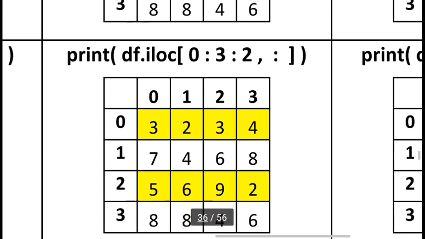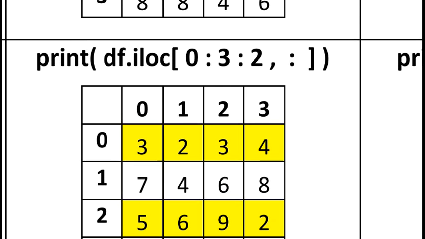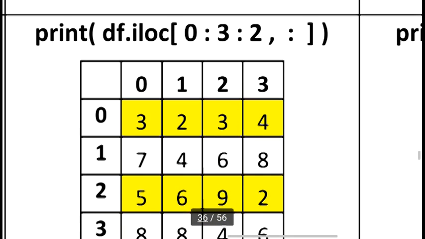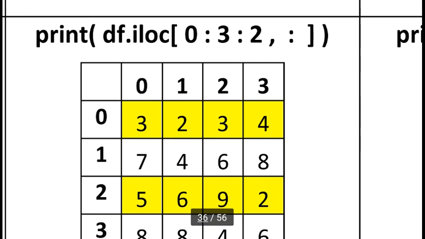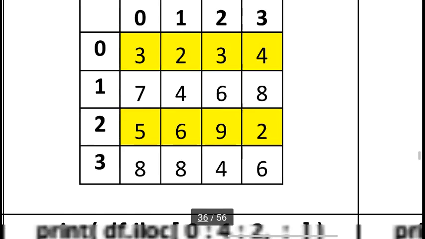So again the first index row is not included. Here I want to select only the 0th row and the second index row. So for this purpose df.iloc[0:3:2]. So 3, 2, 3, 4, and 7, 4, 6, 8 will not be included because here I am using colon 2 step, and the last row 5, 6, 9, 2 will be included, because it is 1 less but within our limit, so it will give the result.